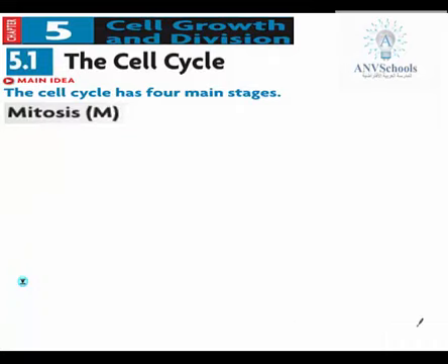So mitosis, which is of course the fourth stage of the cell cycle, includes two processes, and these two processes are mitosis and cytokinesis.